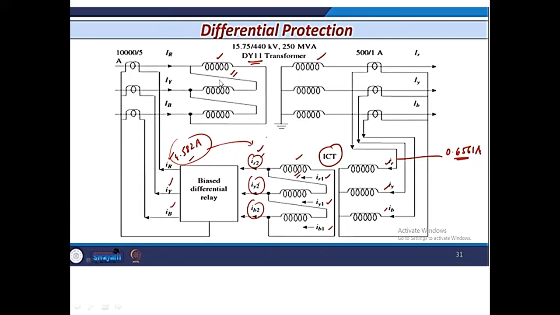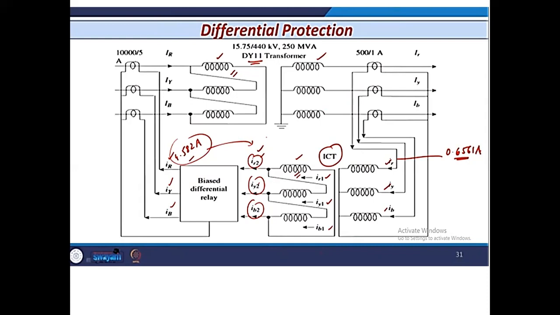On the delta side, I have connected three line CTs with a rating of 10,000 by 5. And three CTs on the star side with a rating of 5,500 by 1.